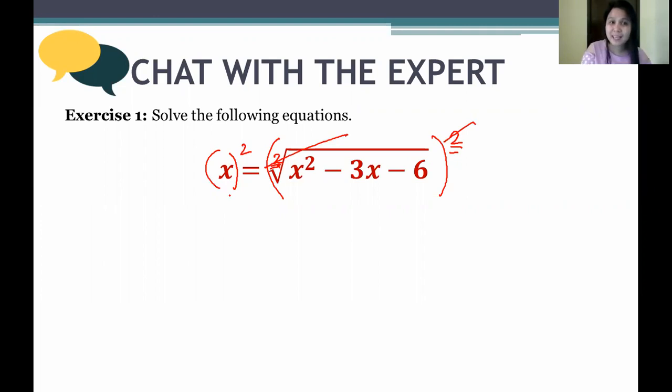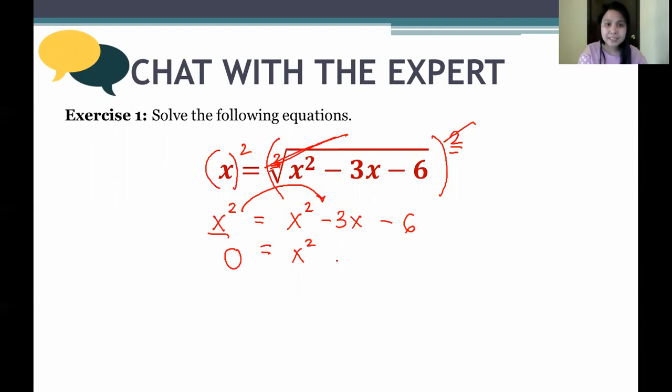Let's go to the left side. x squared is x squared. Since the radical sign is now canceled, we copy the expression inside. Then we start combining like terms. 0 on the left side, x squared, transfer this one, minus x squared, minus 3x, minus 6.